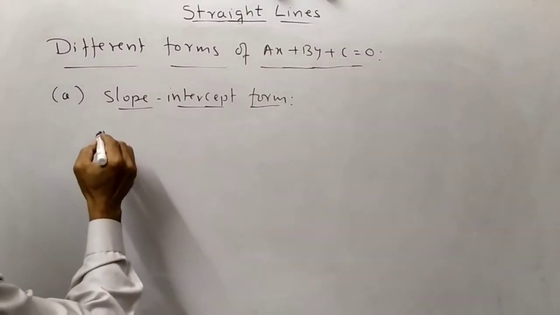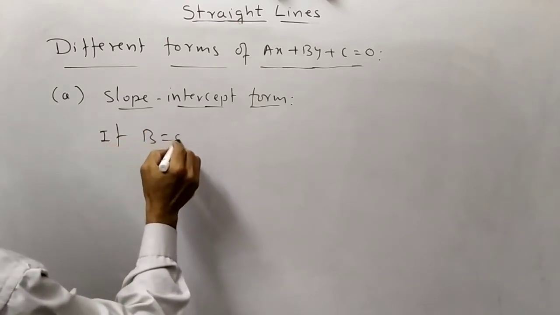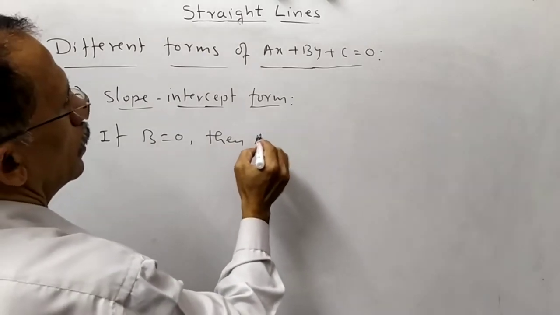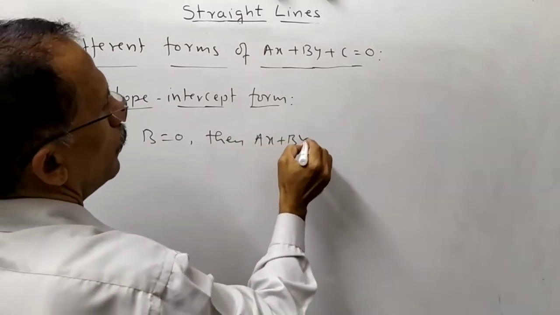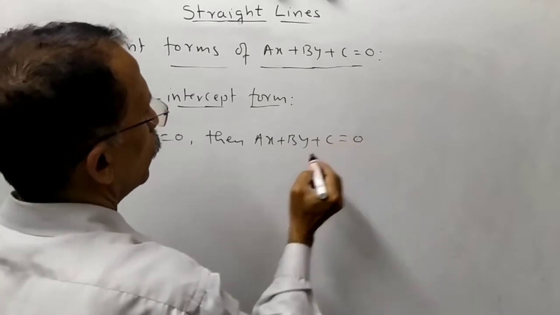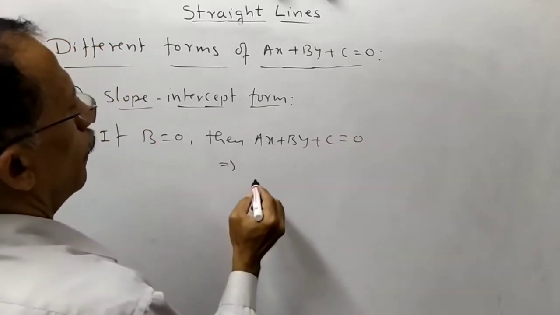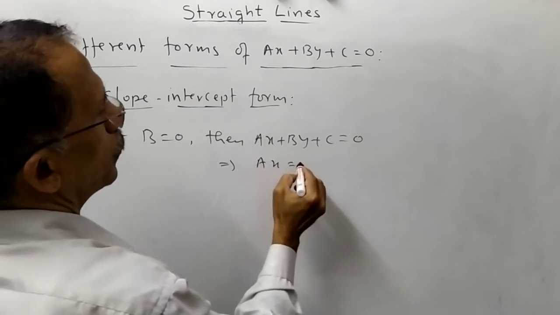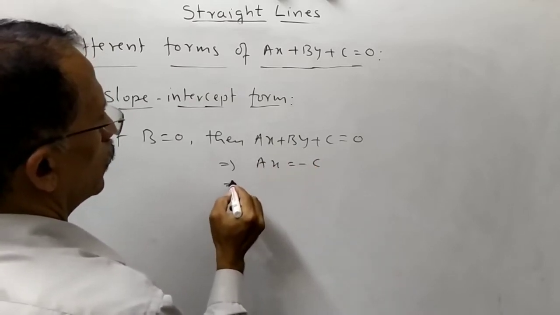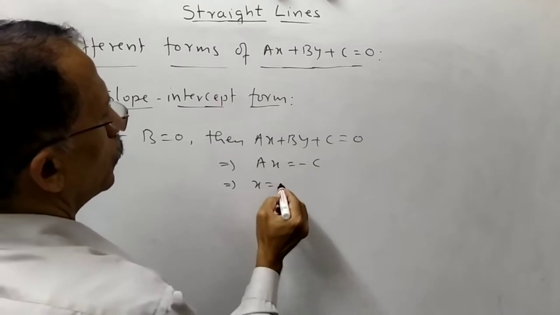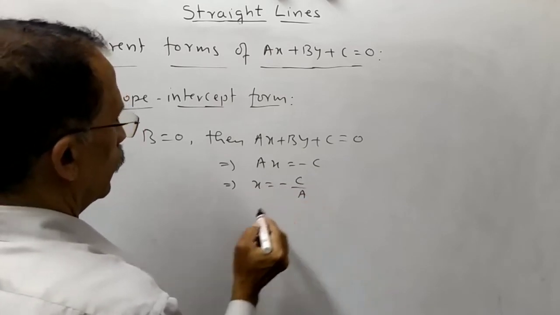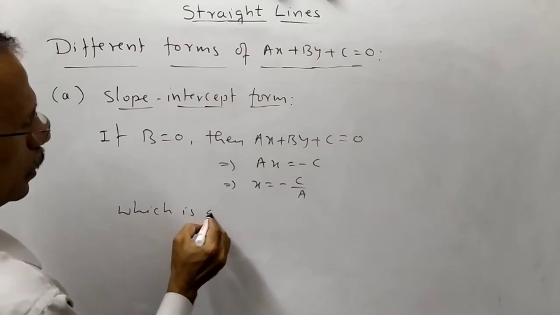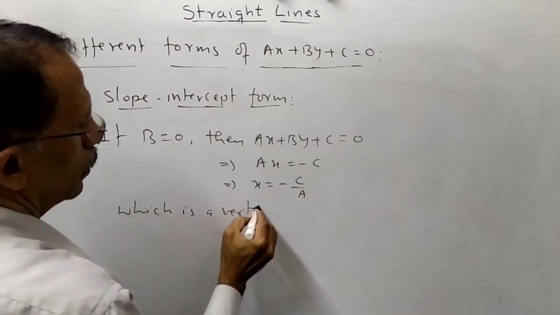If b is equal to 0, then ax plus by plus c is equal to 0 implies ax is equal to minus c. This implies x is equal to minus c by a, which is a vertical line.